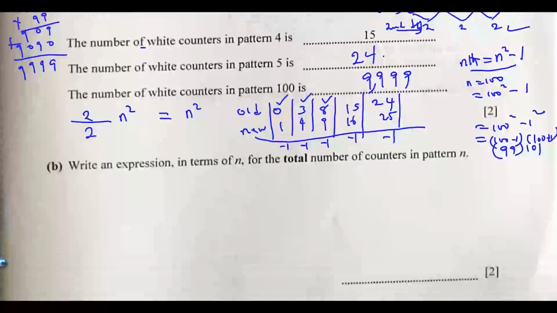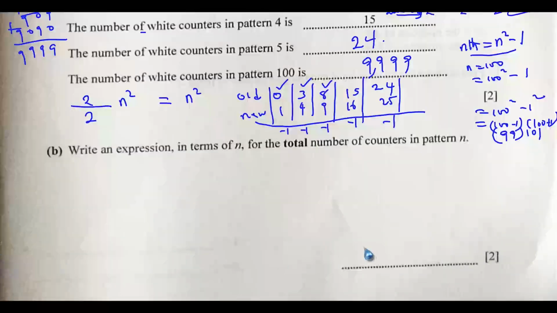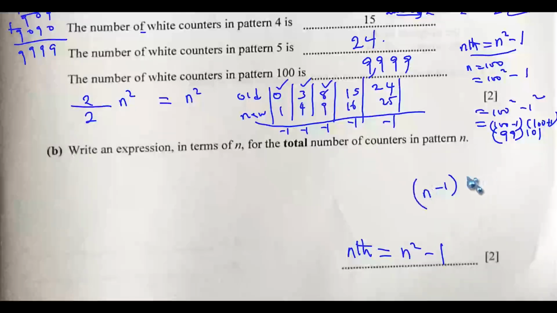The nth term will be equal to n squared minus 1, and we want to write this as n minus 1 multiplied by n plus 1. That is the difference of two squares, as 1 is the same as 1 squared.